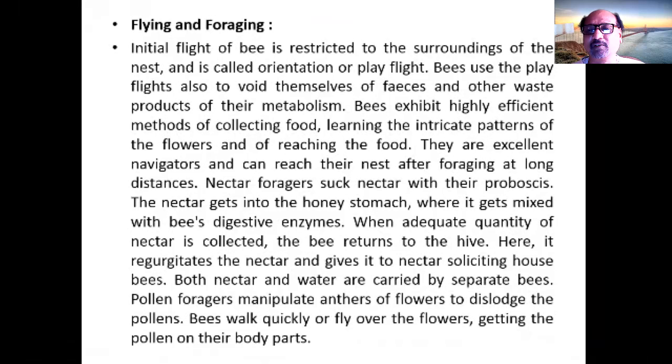One member finds the source of food, comes to the hive and gives the message by shaking its abdomen in a particular direction and making a figure of eight. The figure eight shows the direction, and in the middle they shake the abdomen, and the number of waggles is counted, and they count the distance.